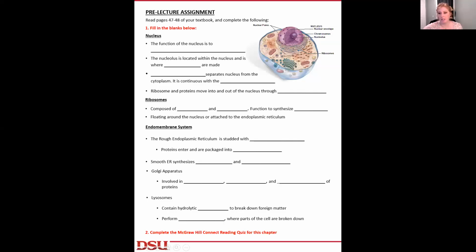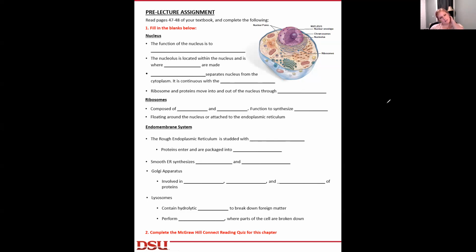Okay, pre-lecture assignment. So there was quite a bit of vocabulary in the pre-lecture assignment for this. As always, stop and go back if you haven't read, because honestly, you're going to have an impossible time with the rest of this packet if you haven't read this first.